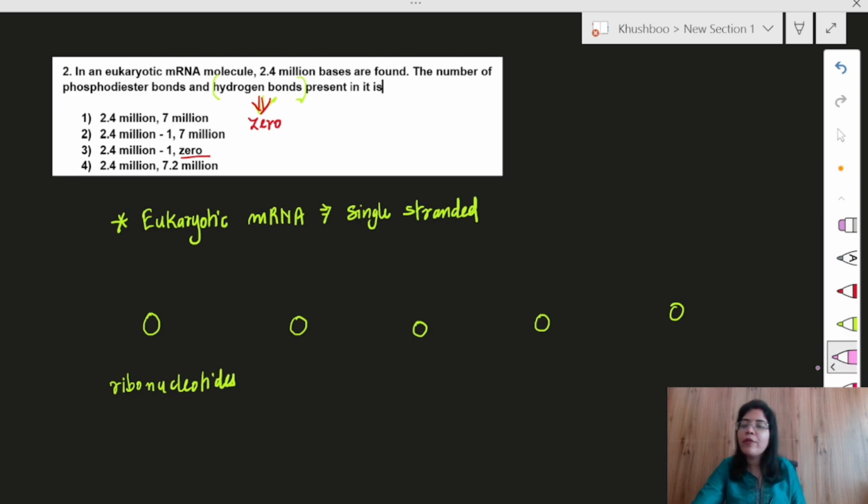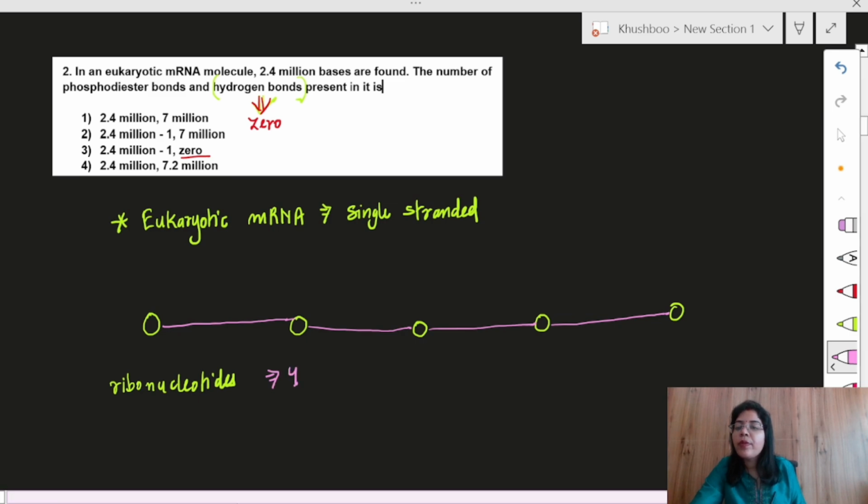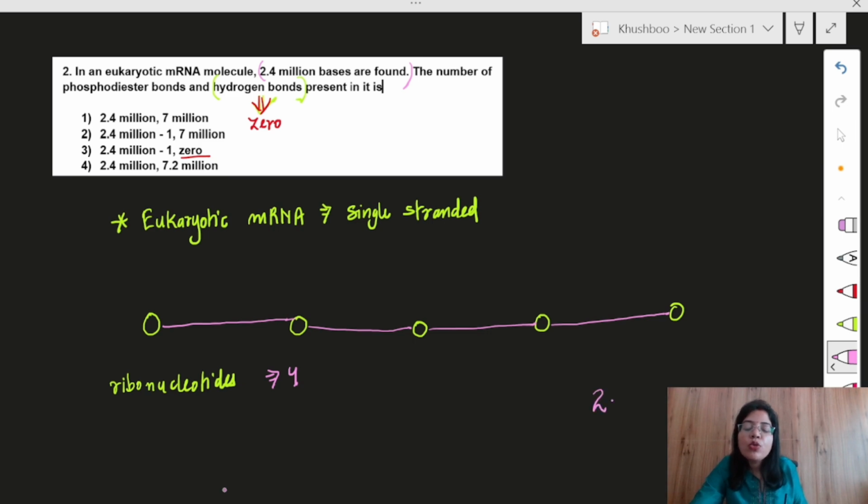For connecting these five ribonucleotides, how many phosphodiester bonds are required? 1, 2, 3, 4, right? 4 are required. So if you have 2.4 million bases, you require almost 2.4, approximately, I'm writing, 2.4 million phosphodiester bonds also, right?